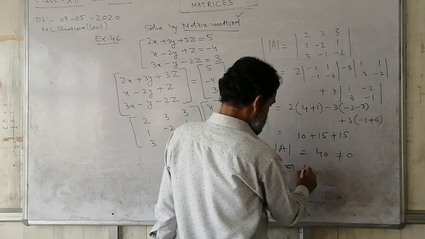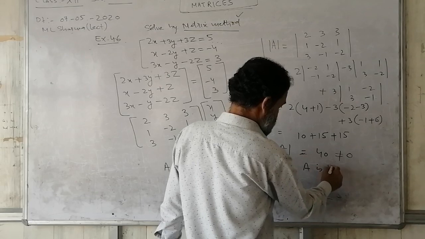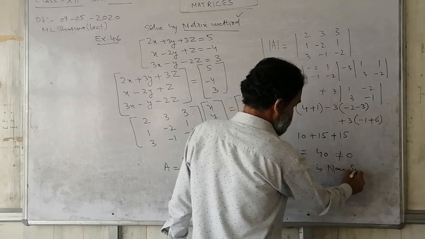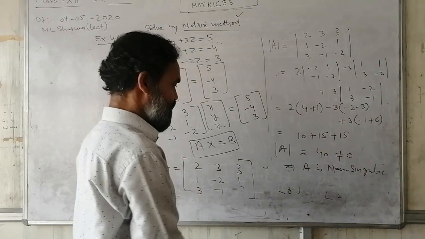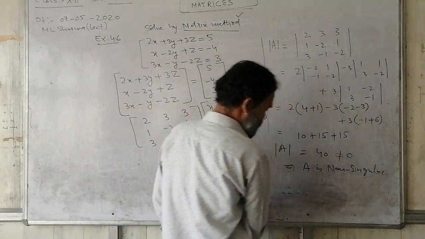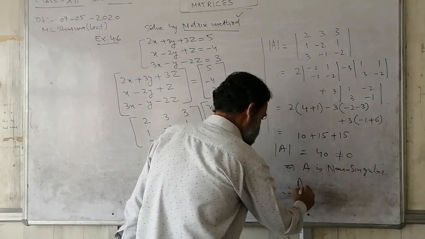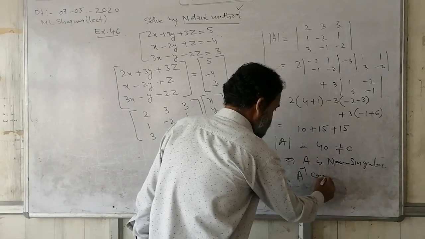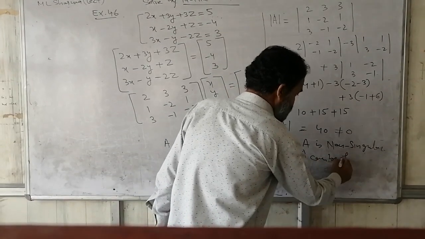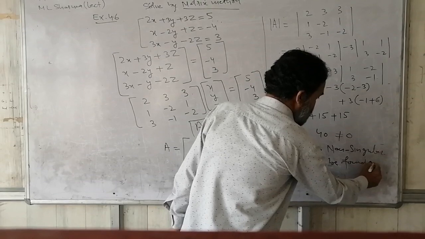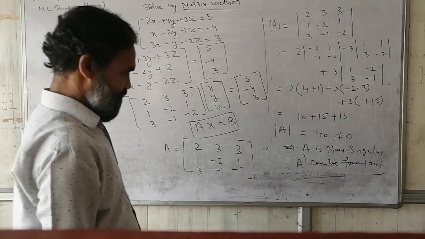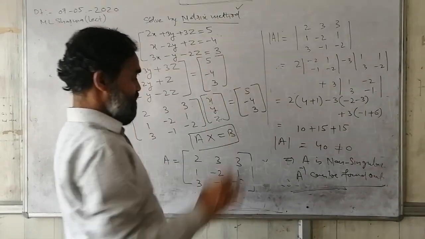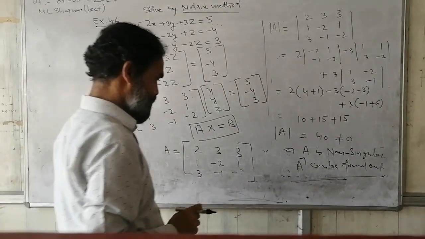That means A is non-singular. It is a non-singular matrix. So when it is non-singular, its inverse can be found. So that means we can find the solution of this equation by the matrix method.